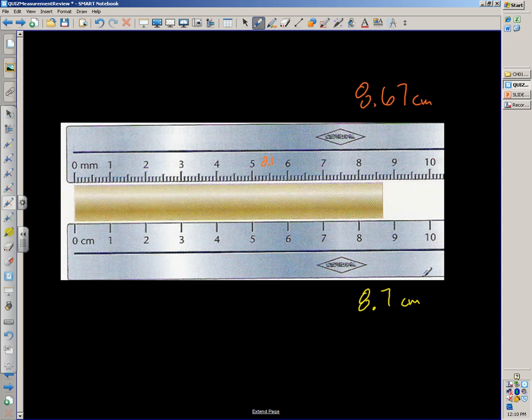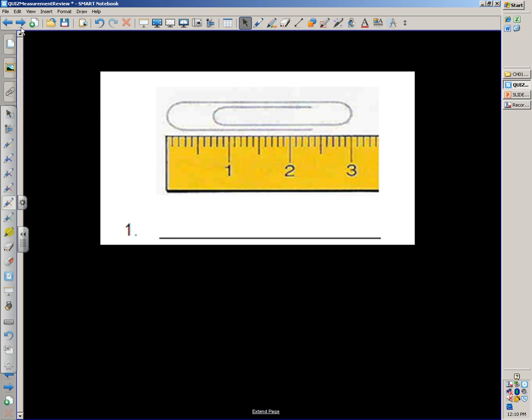Let's take a look at number 1 on the quiz. There's number 1. Regardless of where you think the paperclip actually came out, looking at the ruler, here's 1 centimeter, although it doesn't actually say that. Here's the next centimeter. Here's the next centimeter. It doesn't say if they're actually centimeters.